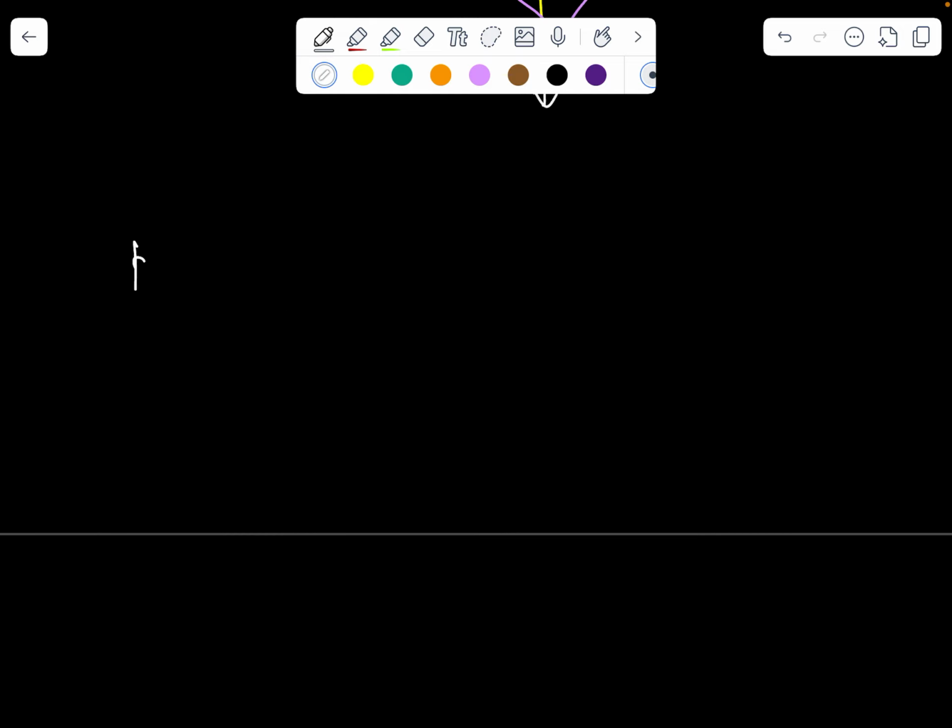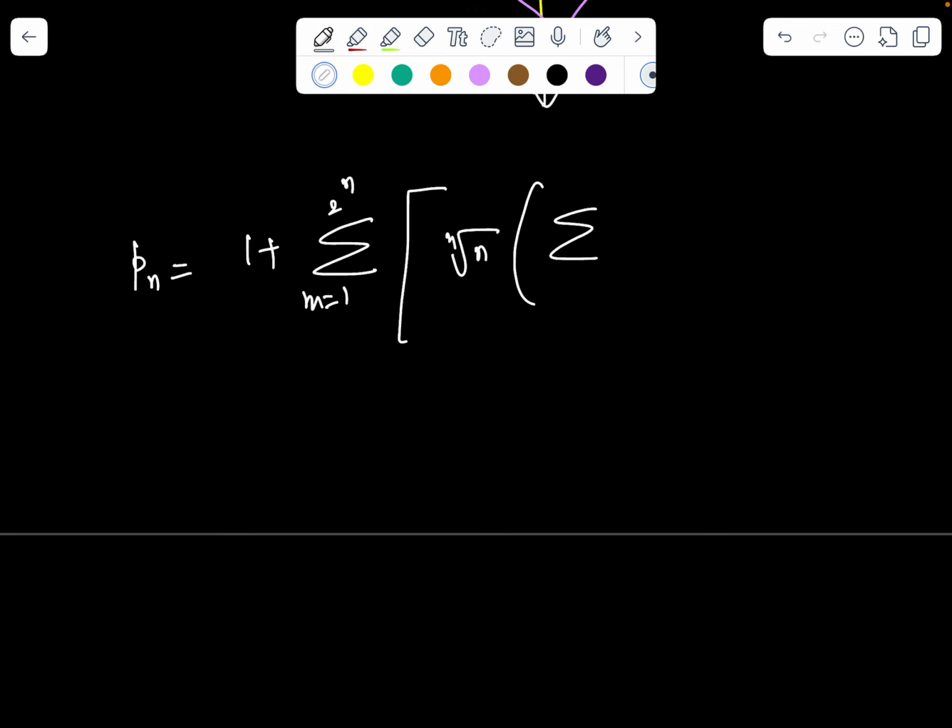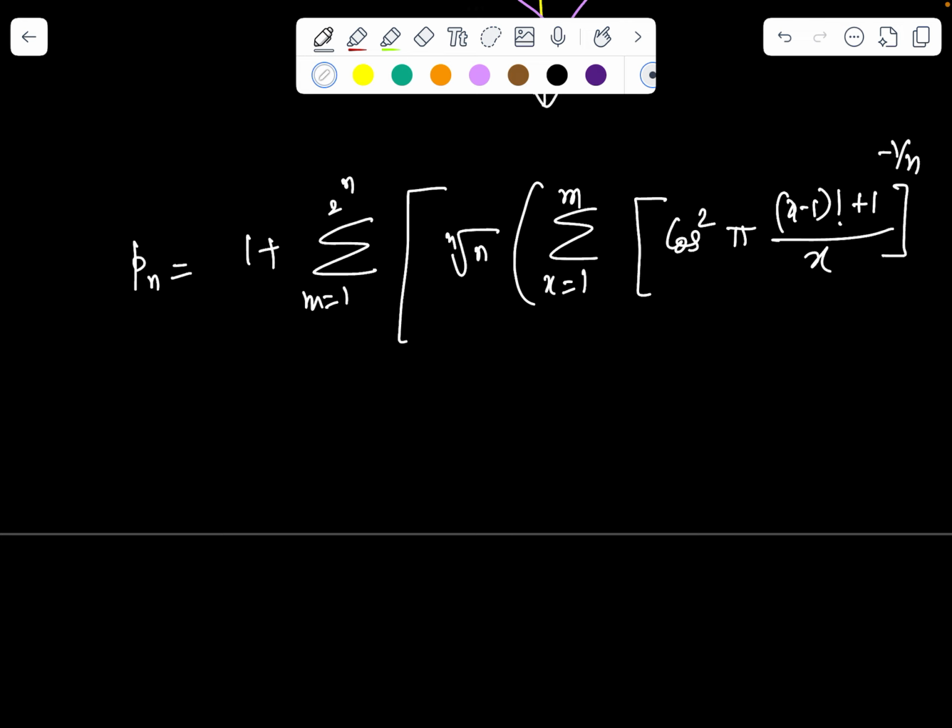So the nth prime number, what he gave is 1 plus sigma m equals 1 to 2 to the power n, nth root of n over sigma x equals 1 to m of cos squared of pi times ((x minus 1) factorial plus 1) by x, to the power minus 1 by n, right?